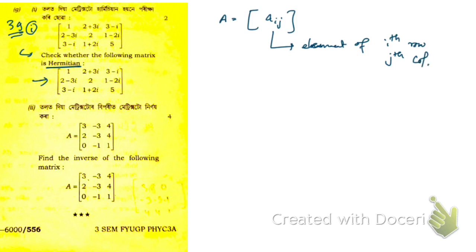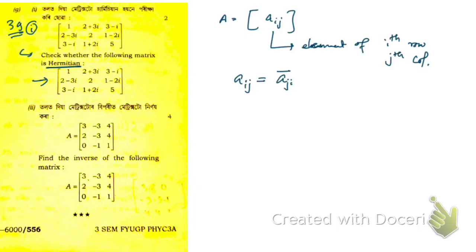A matrix is called Hermitian if the element of the ith row and jth column is equal to the complex conjugate of the element of the jth row and ith column.